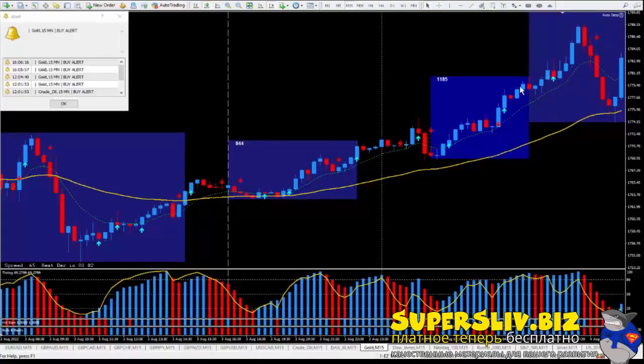Trading is super easy, a lot of fun. And remember, especially with this easy trader along with the super signal, it's very important to have a daily trade plan. So you're also going in the direction of some higher time frames.